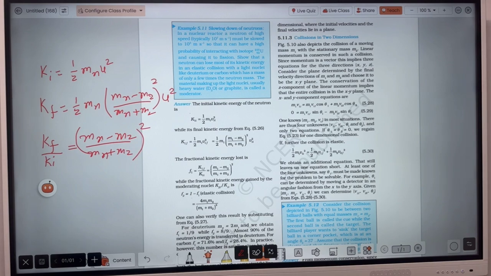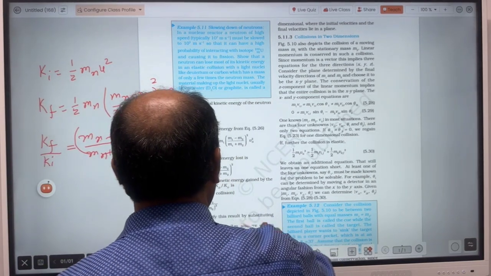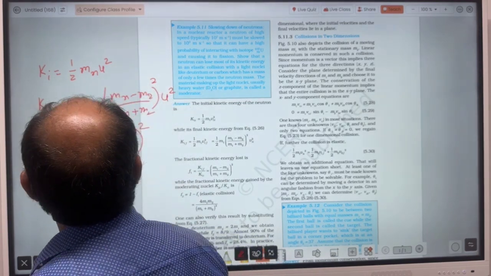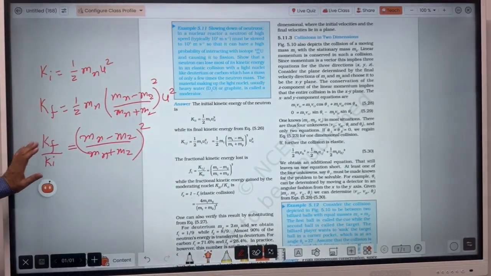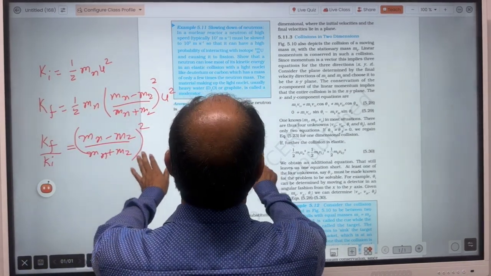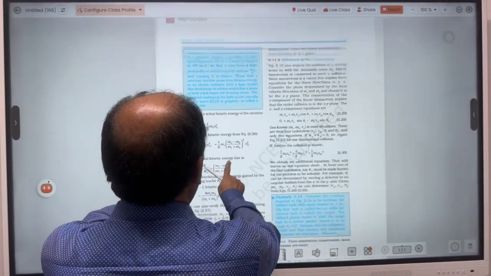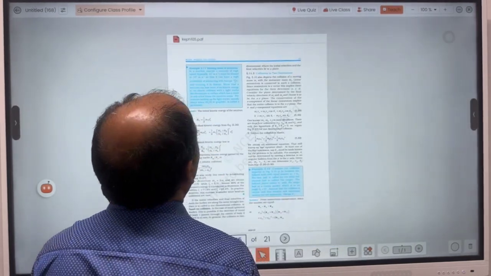So we will get a certain relation, but here the information is not given, so you have to restrict yourself till here. We are not going ahead. Later on we will do some numericals based on it, then things will become clear. Now we are going to proceed with other concepts.